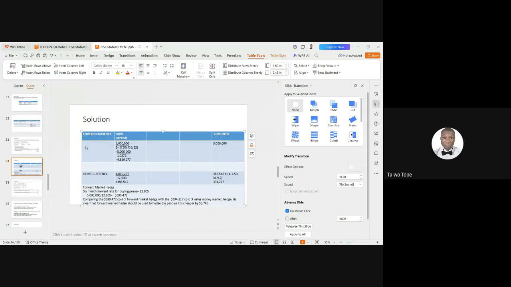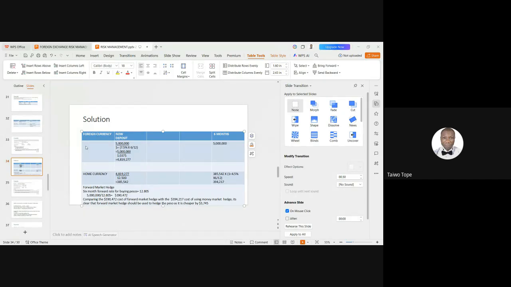Just a recap. The reason we are using 12.805 is that the bank is buying. And when the bank is buying, the bank will buy at a lower rate. You need to sell the foreign currency to the bank so that you can get local currency.